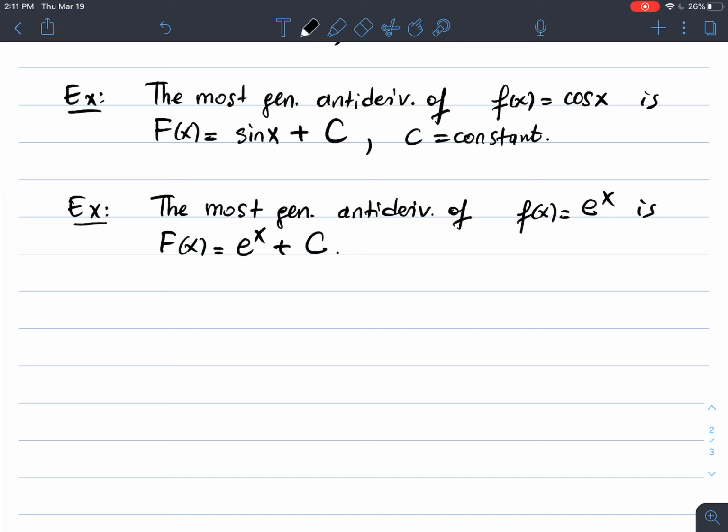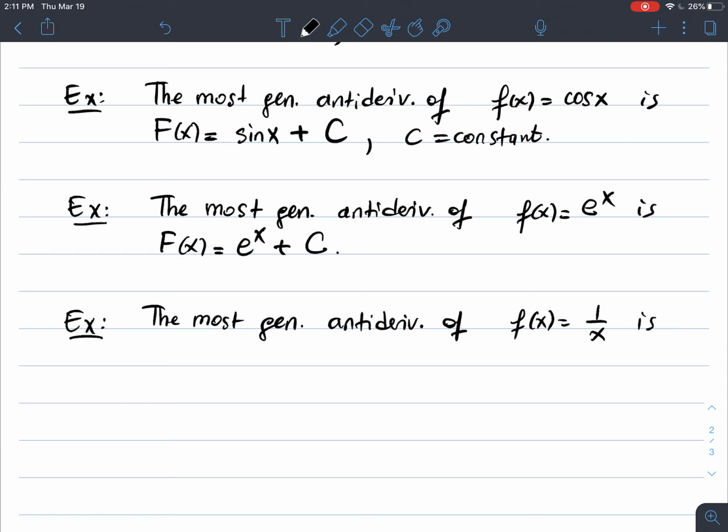And then the next example is something which is, I think, different from the other ones. So the most general antiderivative of 1 over x is ln of absolute value of x.